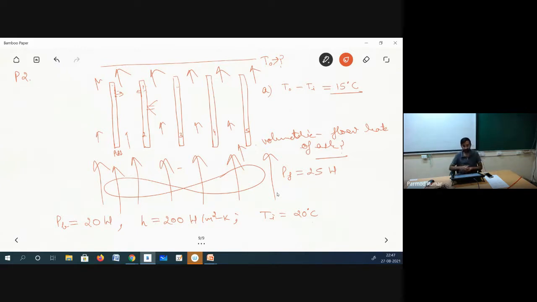Can you tell me any idea? Is anyone having any idea how to solve this problem? Have you studied steady flow energy equation? Please say yes or no, otherwise how will I know?